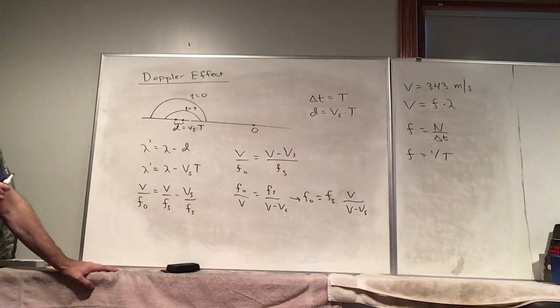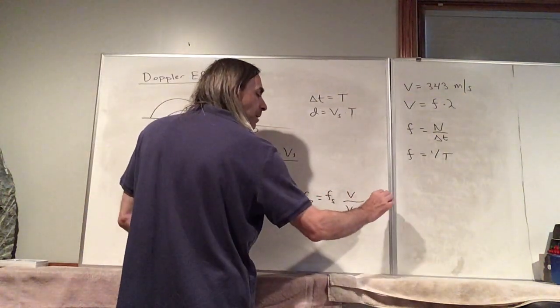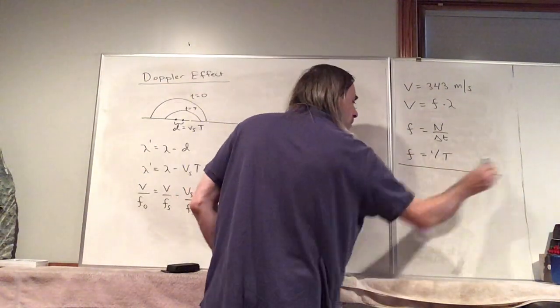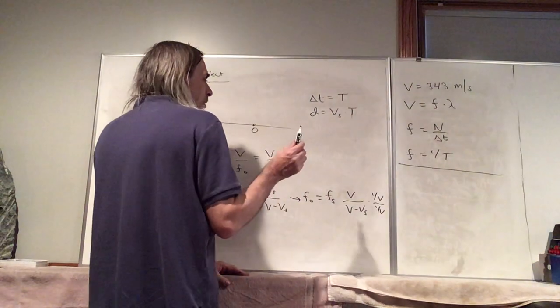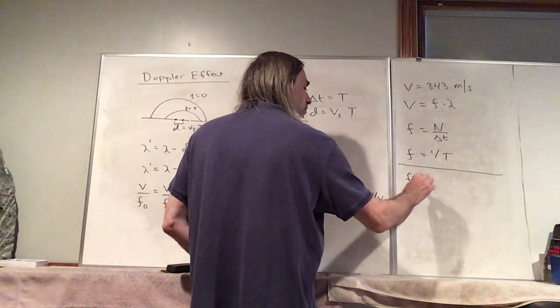However, the equation in the book looks a little bit different. What they did is multiply the top and bottom by 1 over V. Let's write down our final answer.